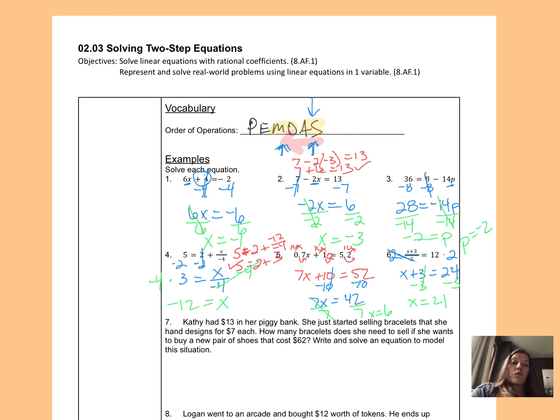And then if you want to make any notes on the left-hand side, we can remember to watch my signs. So if there's a minus sign, that could also be thought of as a negative. Maybe another note I want to make myself is to start on the side with a variable.